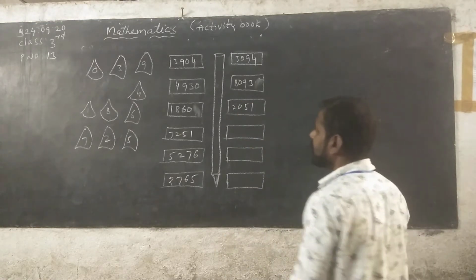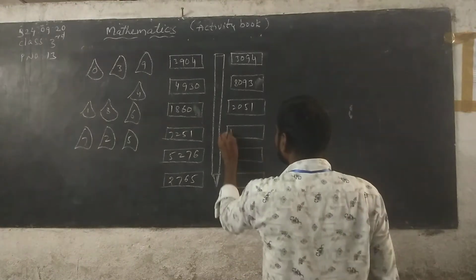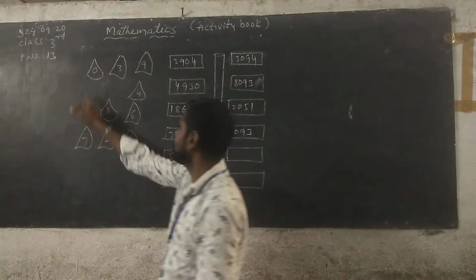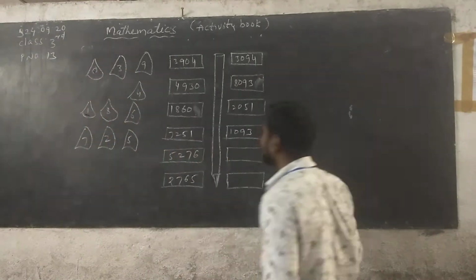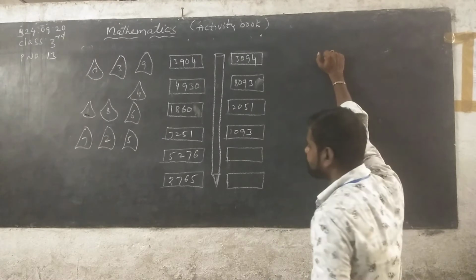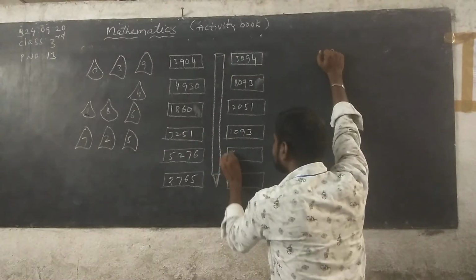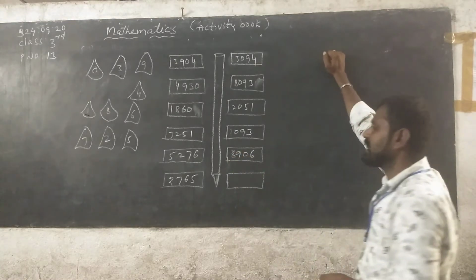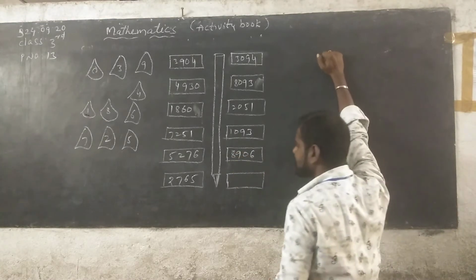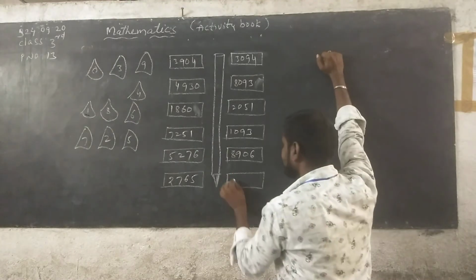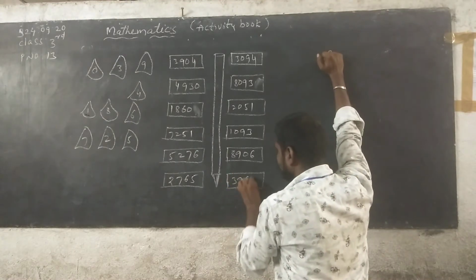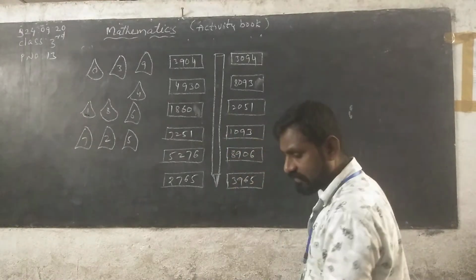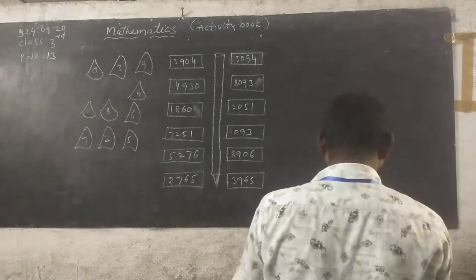Next 1093. Next 8906. Next, according to your wish, 3965. Here you can write the smallest number.